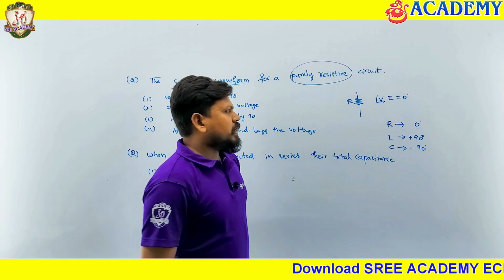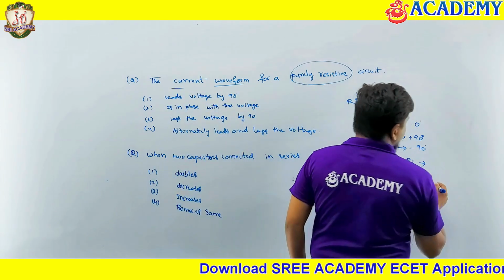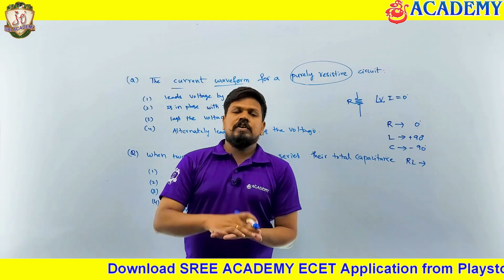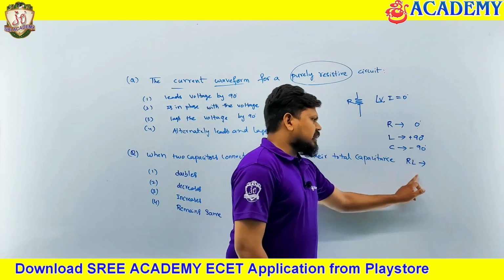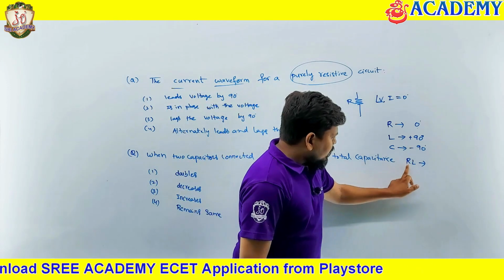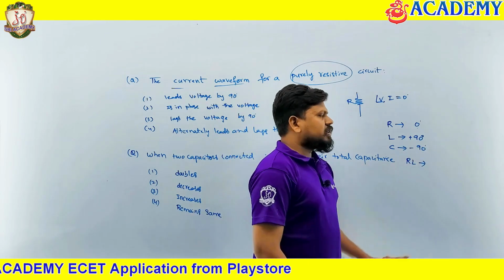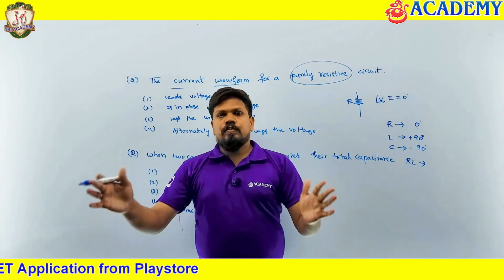Now, for example, whenever an RL circuit is there, what is the angle difference between voltage and current? We need to understand that. If only resistance is there, it is 0 degree; if only inductance is there, 90 degree; if both R and L are there, it will be between 0 to plus 90.